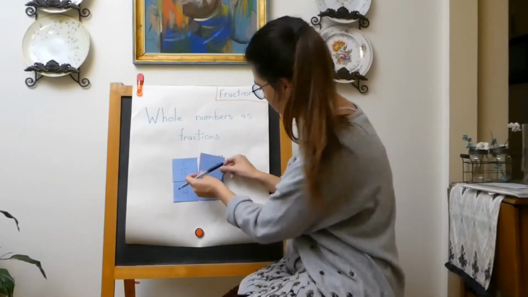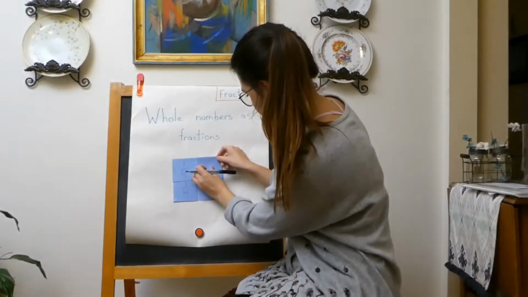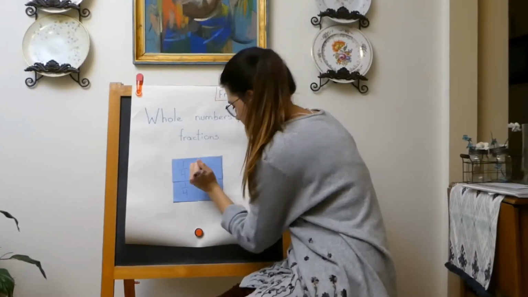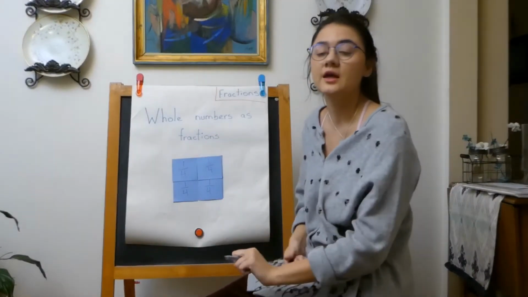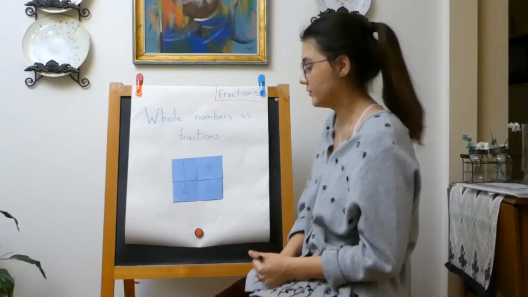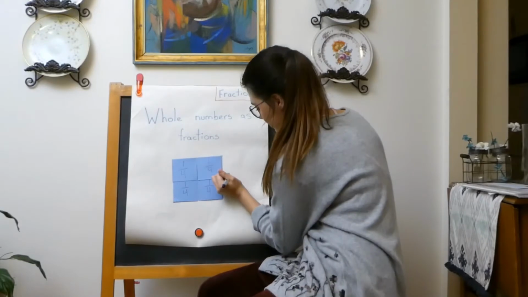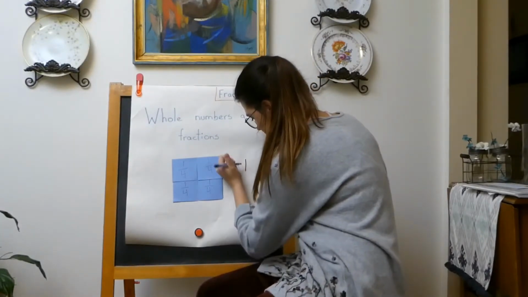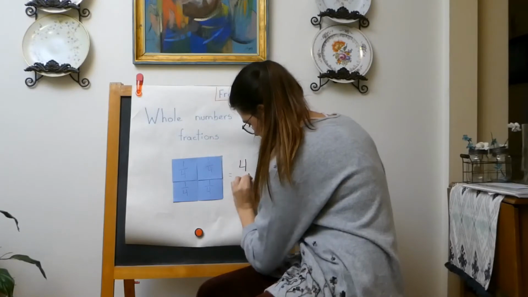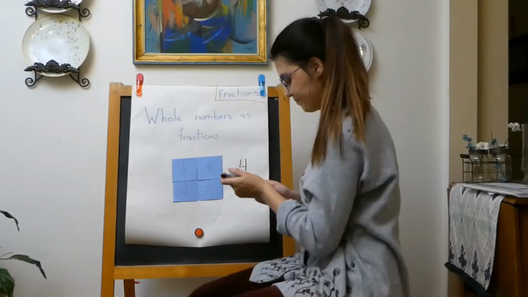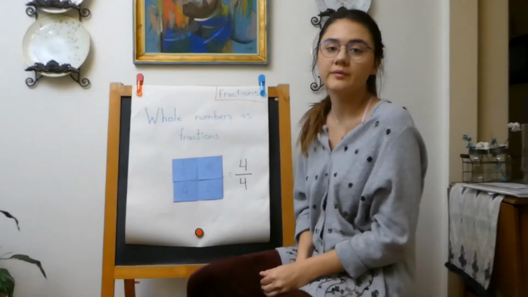It would look like this. So here we see that all 4 parts are shaded in. That would look like four over 4.